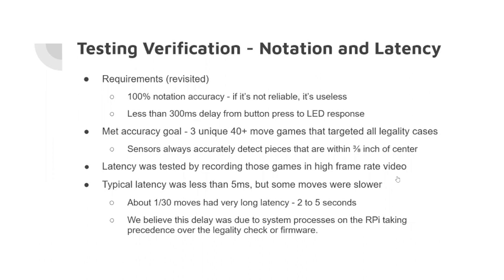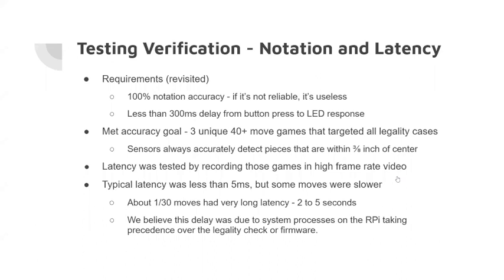So we met our accuracy goal. We tested it with 3 unique games that had over 40 moves, and they targeted all legality cases, like all the unique edge cases of legal chess moves. And we found that our sensors always accurately detect the pieces as long as they're within 3/8 of an inch of the center of the square.